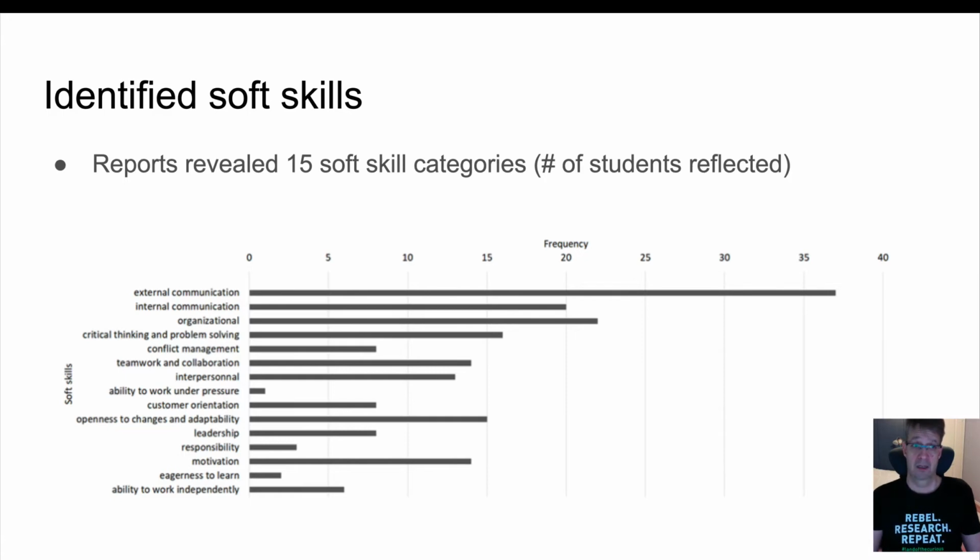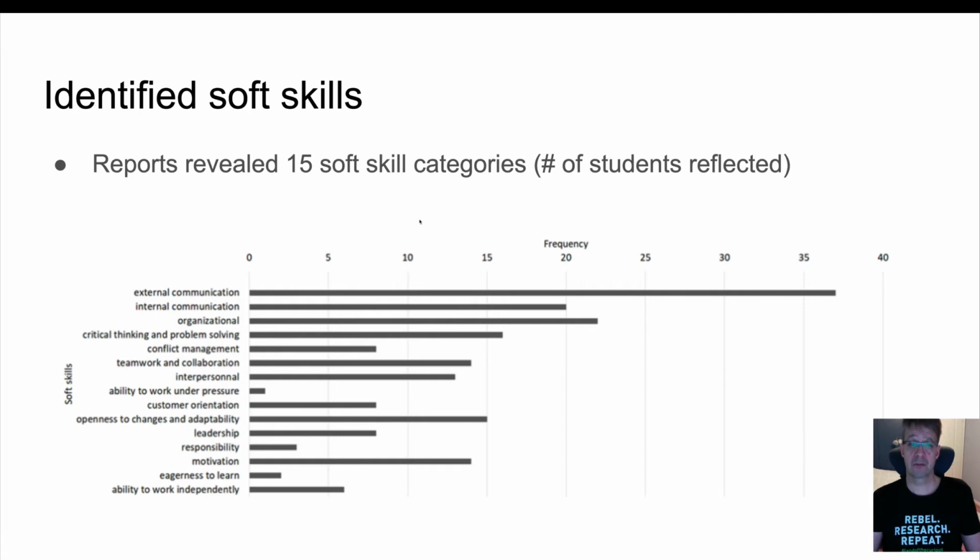The thematic analysis of those reports revealed 15 different soft skill categories. In this picture, we show those 15 different categories with the frequency, how many students identified that particular category.